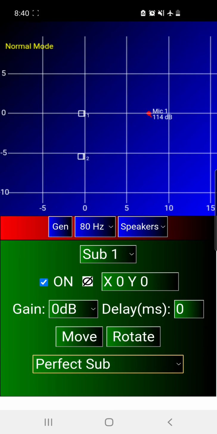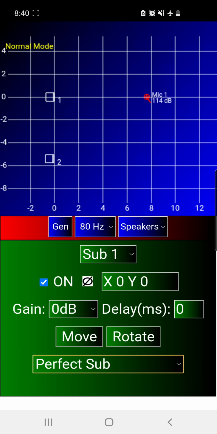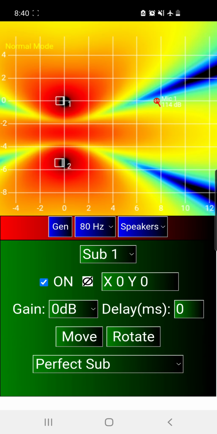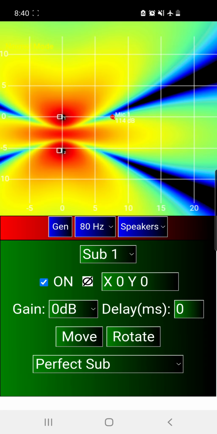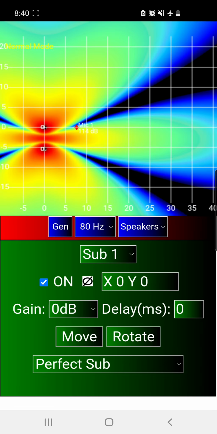Okay, let's see a couple of examples now based on the sub power relay. For example, here at 80 hertz I have a couple of big dips. See? Okay. Now what if I change the model?